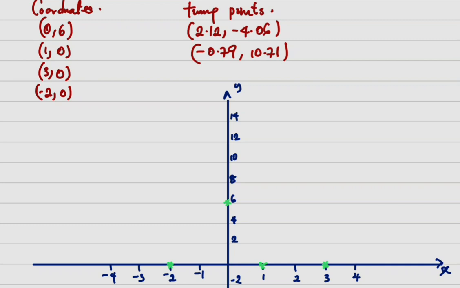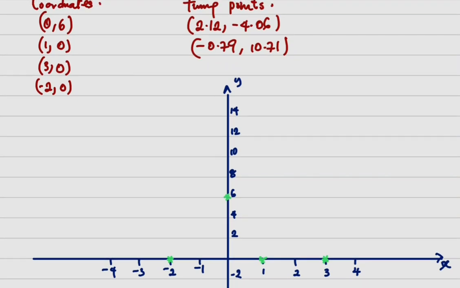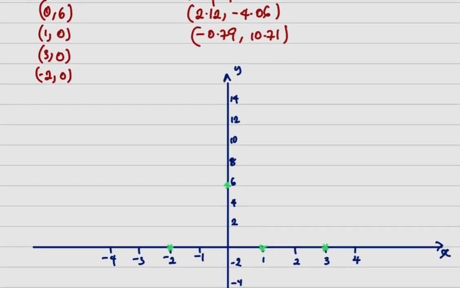Now let's check. Look at the maximum point. The maximum point is at minus 0.79, that is close to 1. We have about 10, about 11, so we can just approximate it. Now look at it. This is somewhere here. So this is our turning point, that is the maximum point there.